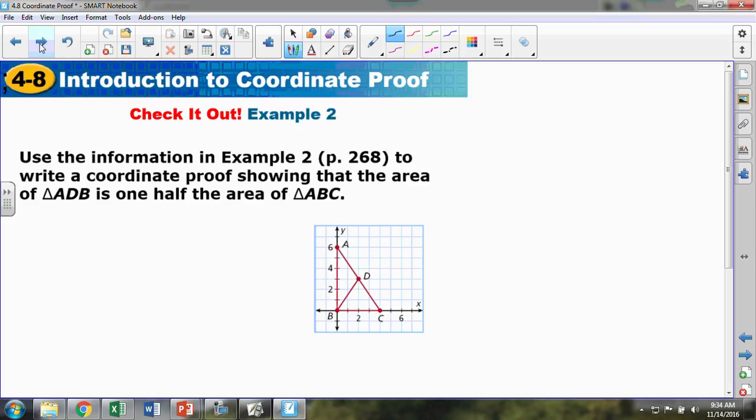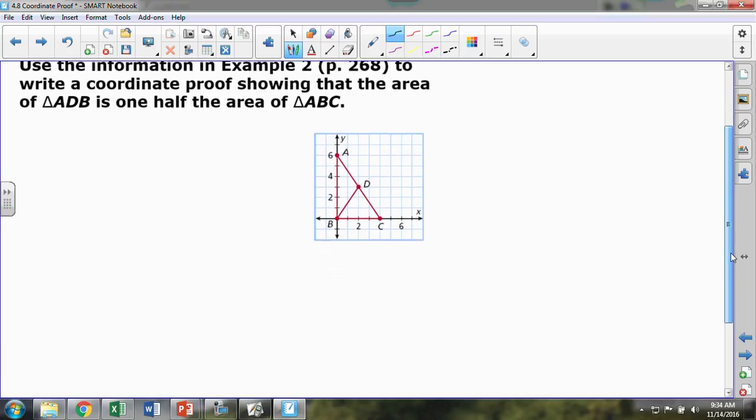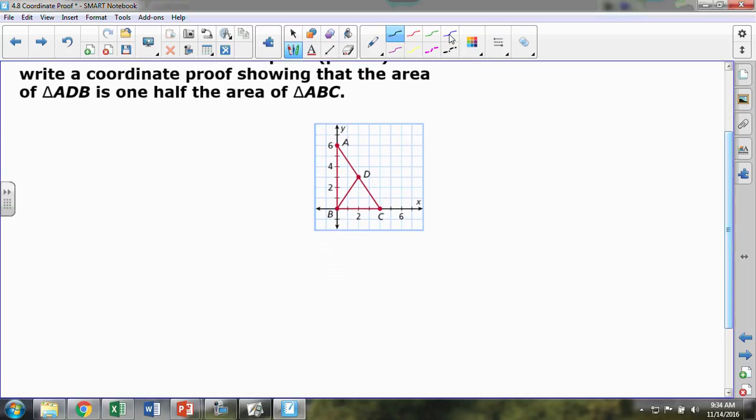For instance, show that the triangle ADB is half the area of triangle ABC. Of course, some relevant information that you're expected to recall: how do you get the area of a triangle? You're expected to remember area of a triangle is 1/2 base times height.